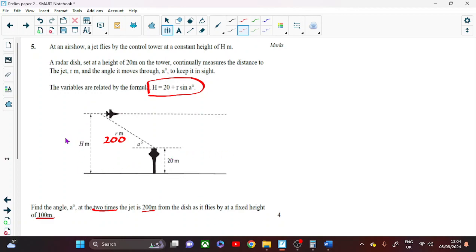So the height is 100. Okay. There we go. And there's the first time it does it, but it does it again when it comes out this way. And that angle will also be A. And that radius, R, will also be 200.